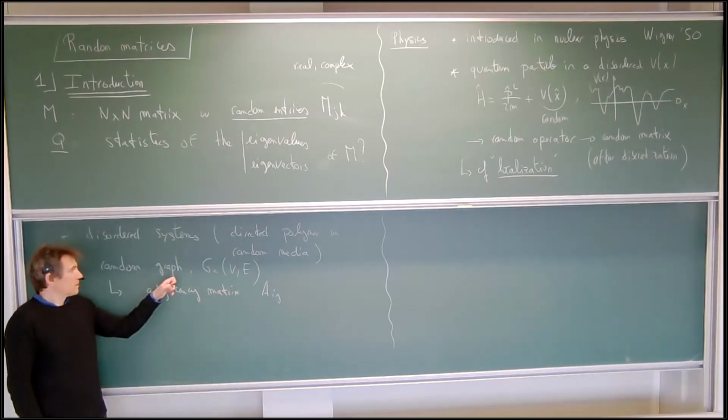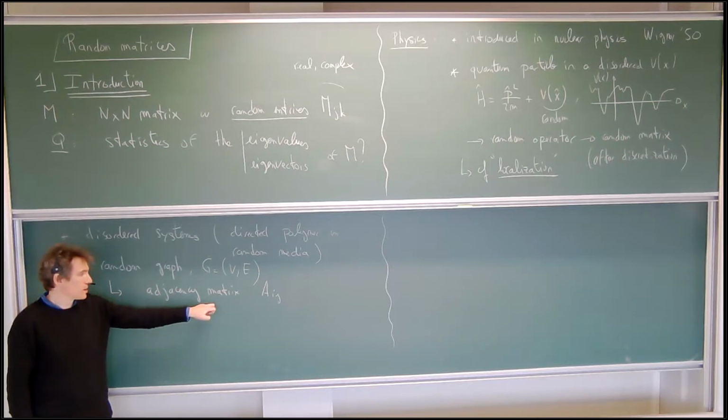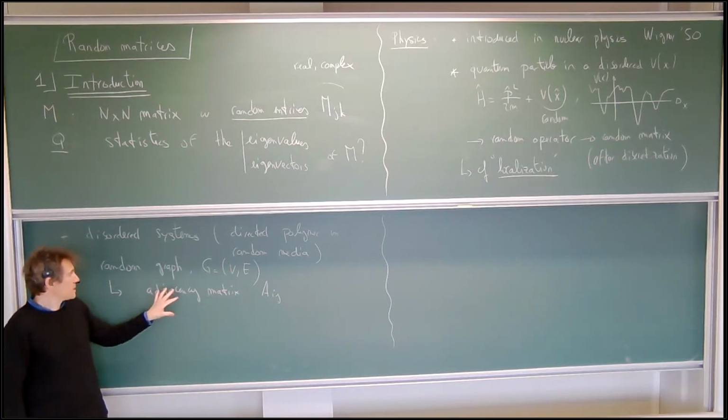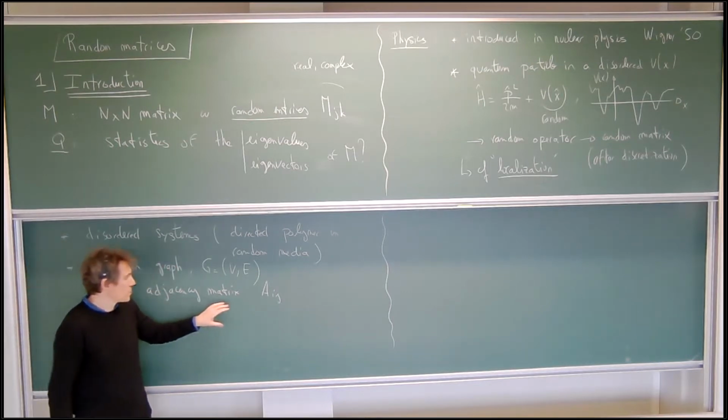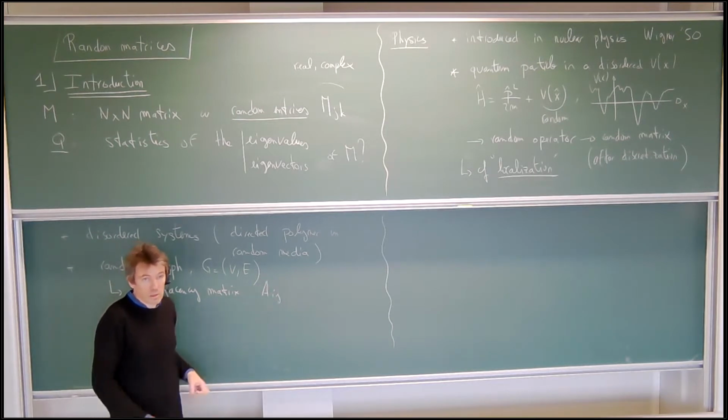Now, it's clear that if you have a random graph, then this adjacency matrix would be random, okay? And that means that studying the structure of this random graph to a large extent amounts to studying the spectral properties of this random adjacency matrix.